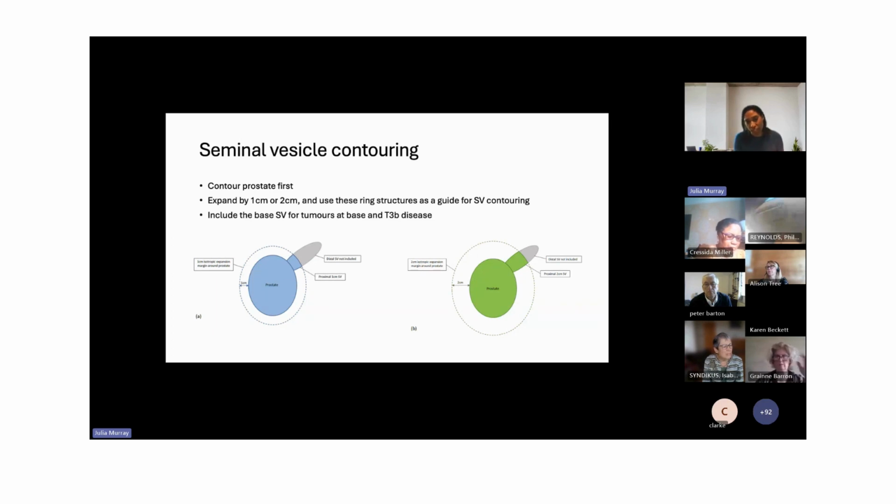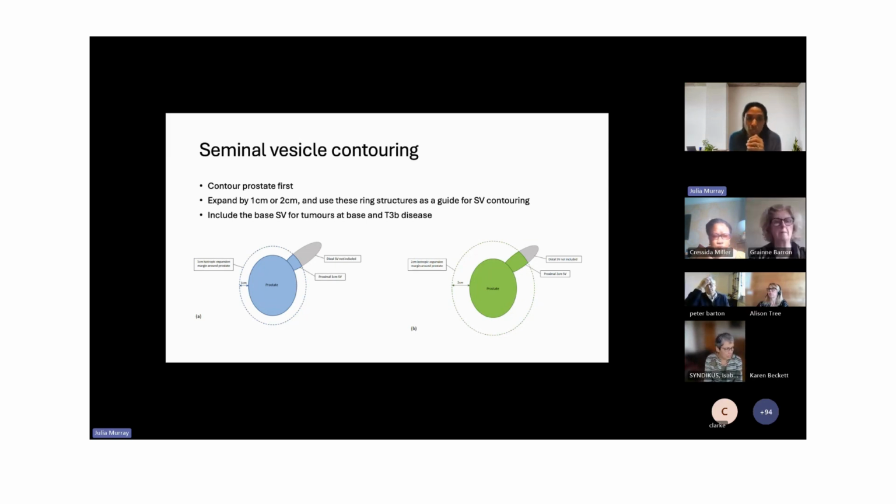The way to do this is to contour the prostate first, and then you can do an isotropic expansion of 1 centimetre or 2 centimetres, and I'll show you different risk groups, the inclusion of seminal vesicles and the dose for that, as a guide to how much of the seminal vesicles you should actually include within your different CTV volumes.